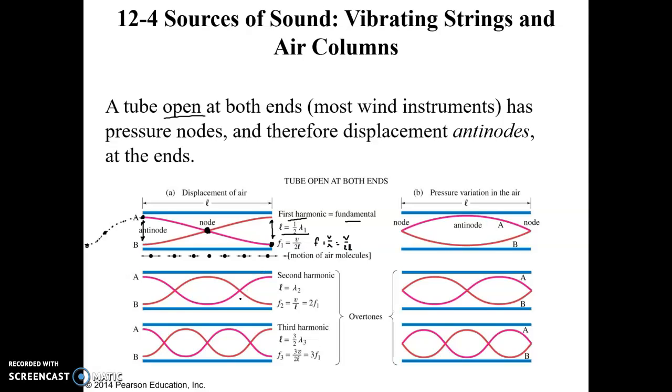Okay, then if we think about other ways in which we can achieve this antinode at the end of the tube, well, we can start with an antinode, come down, hit a node, come all the way down, and rather than this antinode being at the end of the tube, we're going to work our way back up, hit another node, and come up to the very top. Now we've achieved another antinode at the end of the tube.